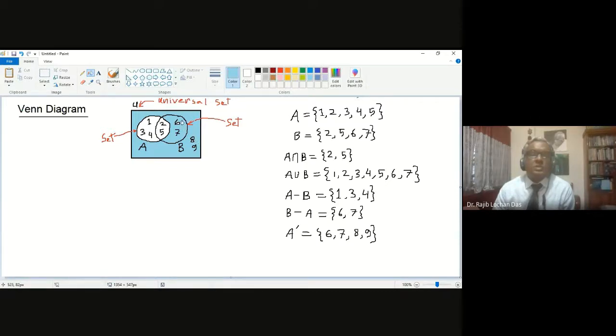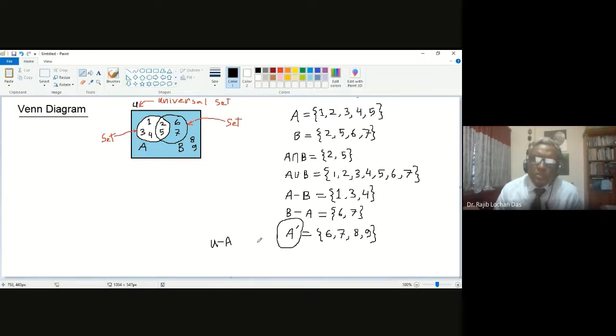Do you understand now? What is a complement? What does that mean? Sir, it means U minus A. U minus A. Good, so universal set minus A. Is there any condition that the number cannot be inside B?